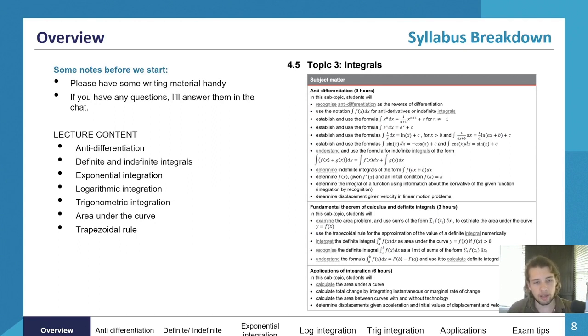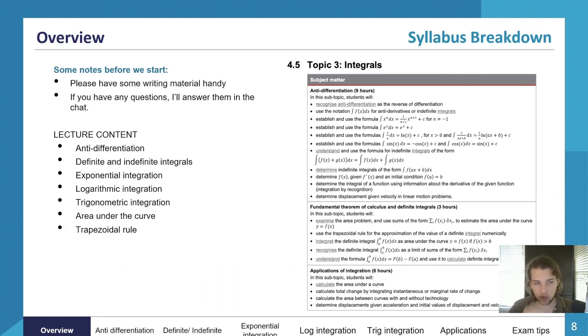Now we're going to look at anti-differentiation. We're going to look at definite and indefinite integrals. Those are two very important mathematical concepts that will help us. Definite integrals will help us look at the area underneath curves, so that's a real application. And indefinite integrals are still important in understanding definite integrals and some facets of calculus.